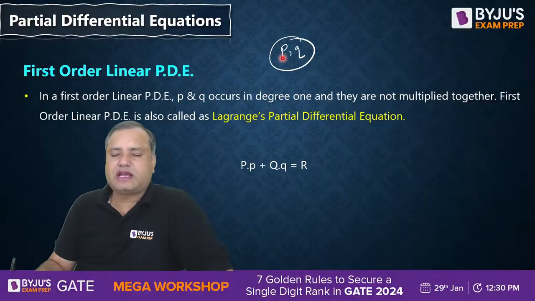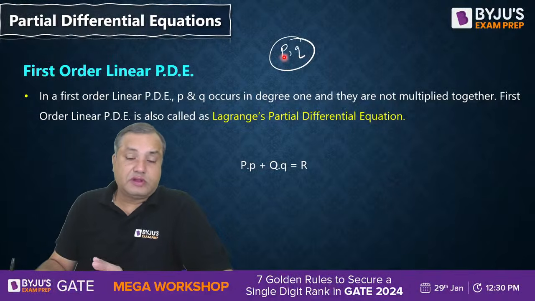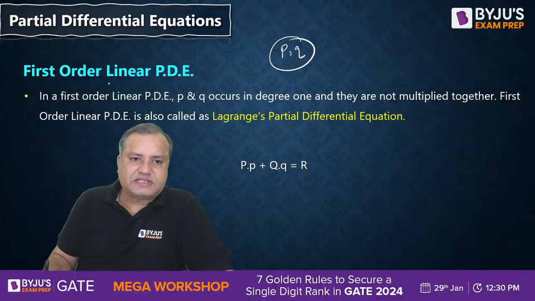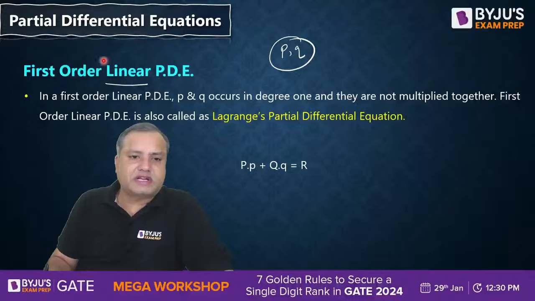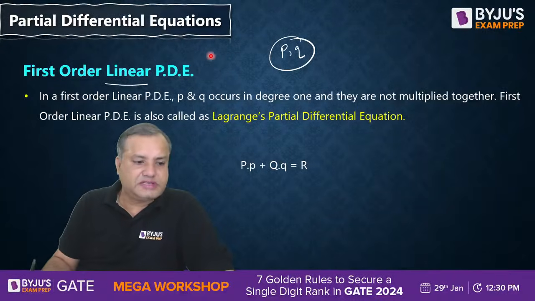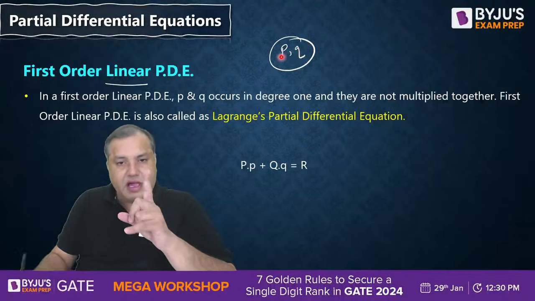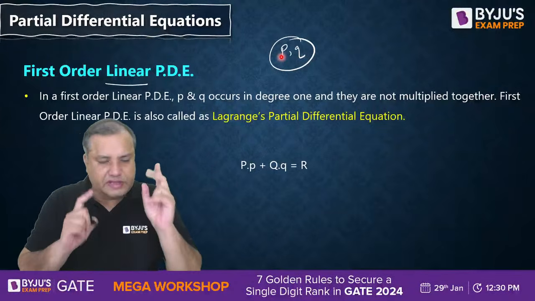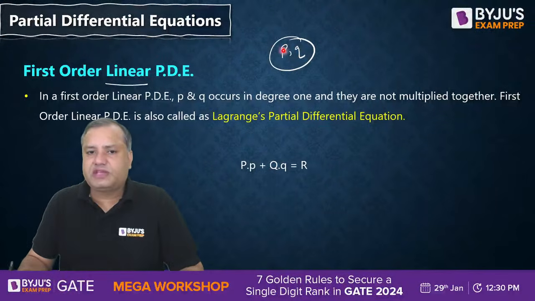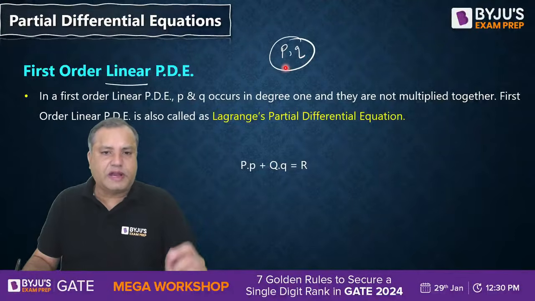P is del z by del x, Q is del z by del y. Now, under what circumstances will it be called linear? Listen carefully. Degree of P and Q is 1 and they are not multiplied together.